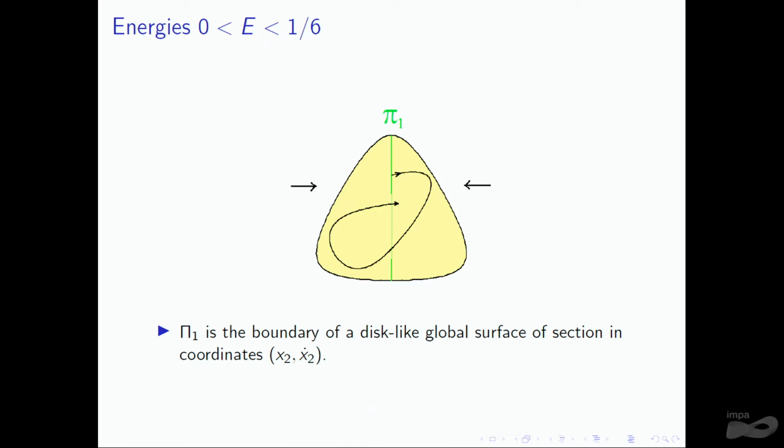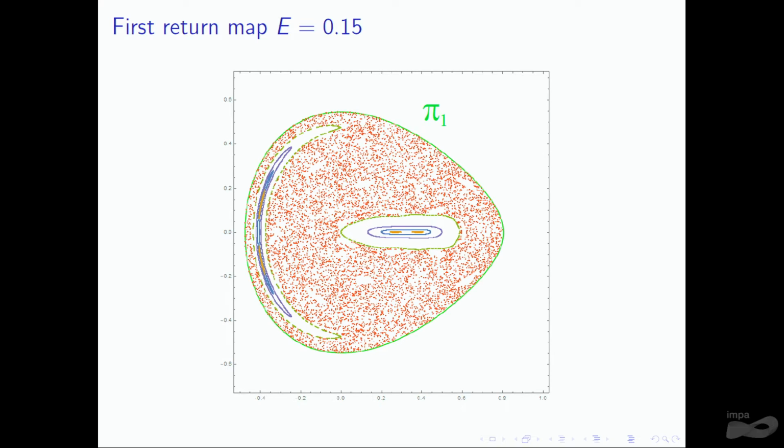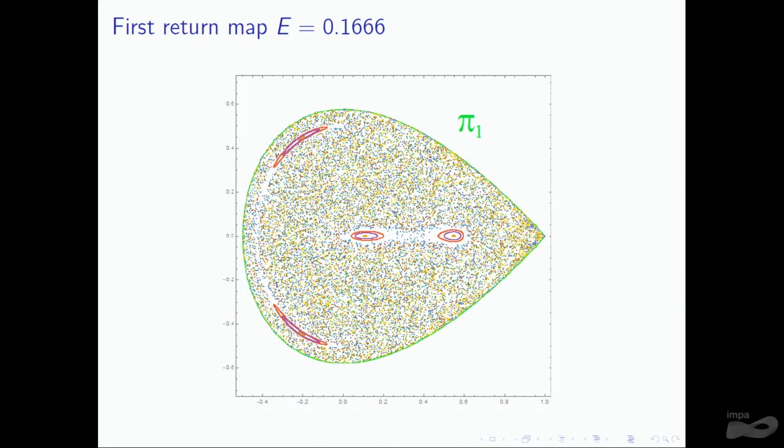They are elliptic. But then if you increase the energy, they are in the middle here, and there is a bifurcation here. It's hyperbolic. They are in between these two circles that are the period 2 elliptic orbit.